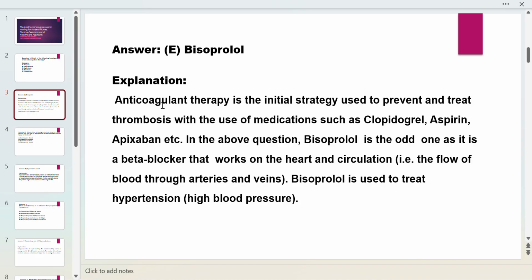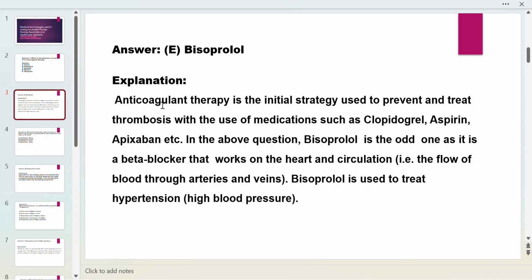And the medications, clopidogrel, aspirin, and apixaban we've mentioned here are not the limit of anticoagulant therapy. There are a lot of them, but this is what we've mentioned in this particular question.